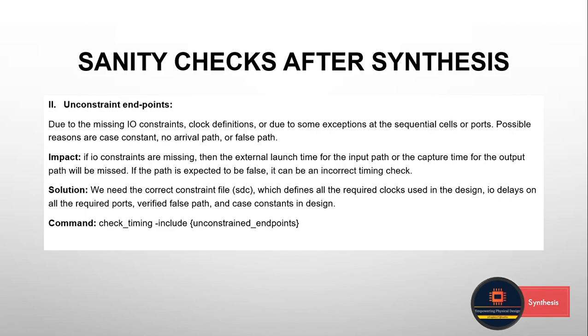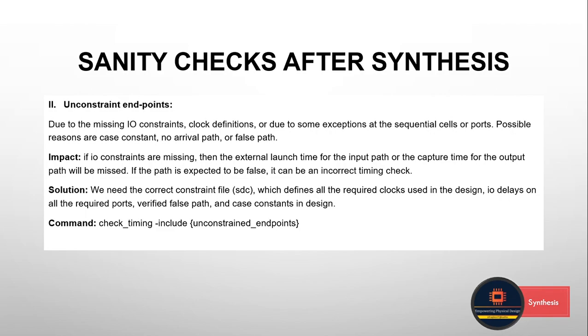So we can't do that. We need proper IO constraints, and that has to be clearly mentioned in the SDC file. And if the path is expected to be a false path, then we need to correctly define it in the SDC. Otherwise it will throw a timing issue, right? So we need to make sure that all the IO constraints, clock definitions, false path related exceptions, or any other timing exceptions are clearly defined and declared.